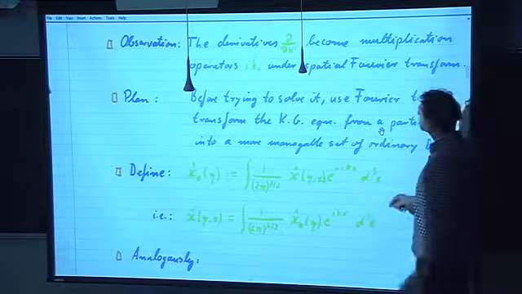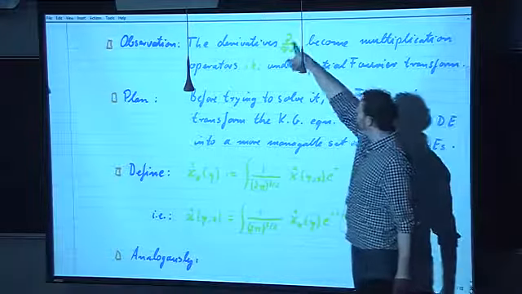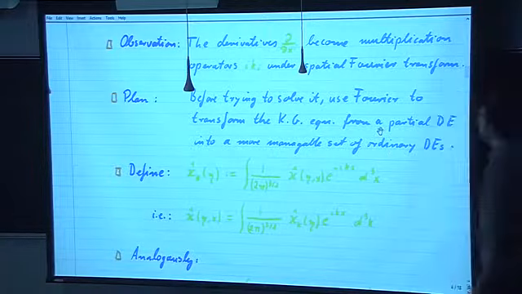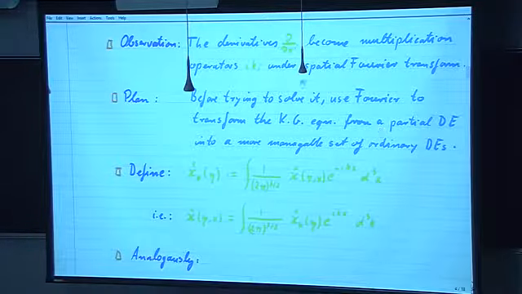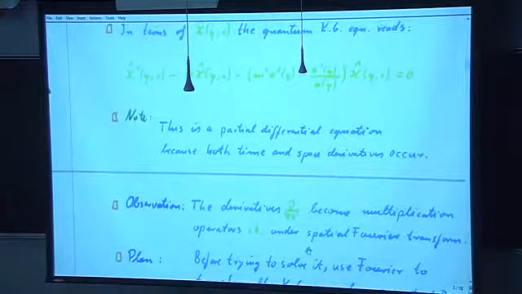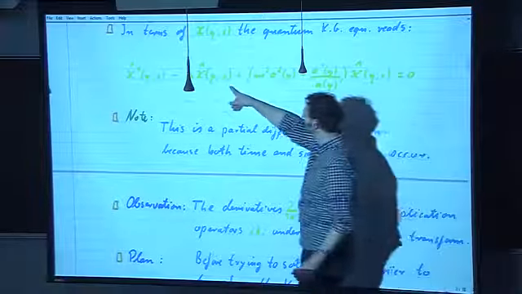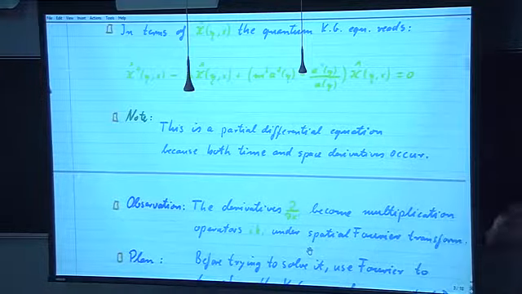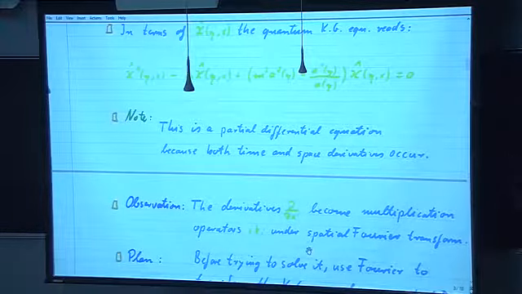So under Fourier transform, the d by dx_i operators become i times k_i. And so we do a spatial Fourier transform here. And remember, this is a Fourier transform in the co-moving coordinate system. In the coordinate system which is expanding along with the space-time.